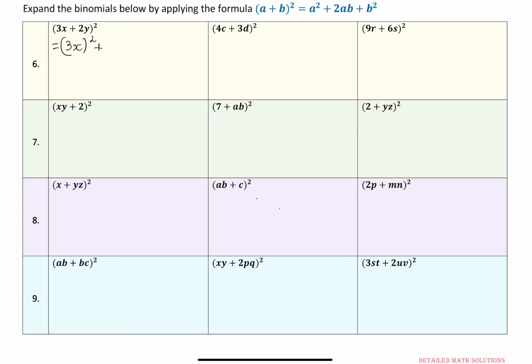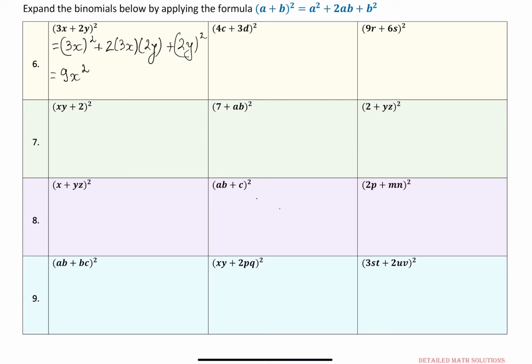Next, 2 times first term multiplied by second term, or 2 times 3x times 2y, plus second term squared, (2y) squared. (3x) squared is 3 squared x squared, or 9x squared.